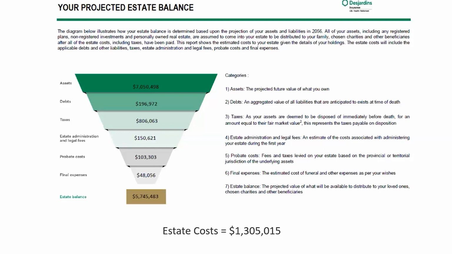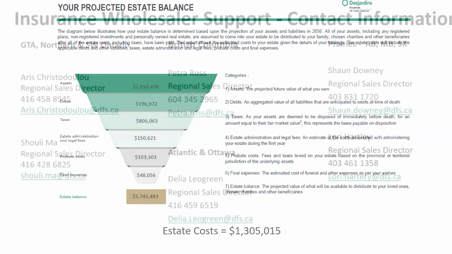We do also have additional slides which explain probate, explain some of the language and terminology. There are some additional appendices included in the report. It's a total of 12 pages, but the slides I've showed you are really key to running that report. So that's pretty much it.